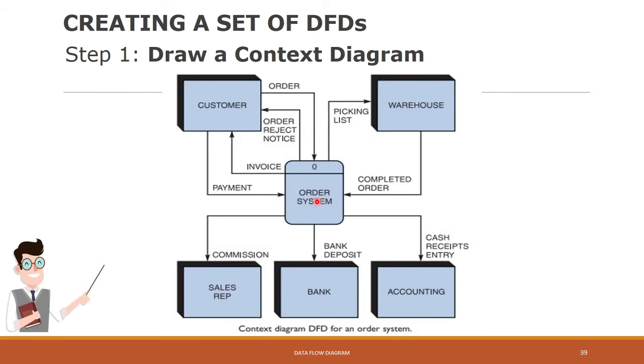So in this example, these are the boundaries: the sales rep, bank, accounting, warehouse, and of course the source, the customer. To draw a context diagram, you start by placing a single process symbol in the center of the page.